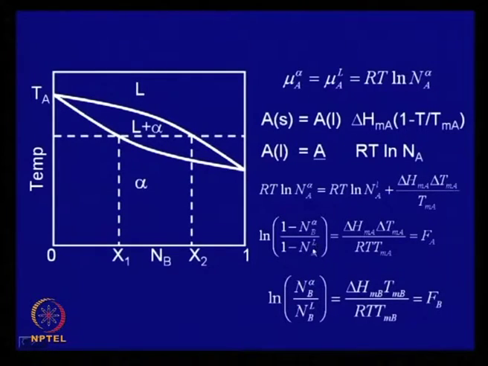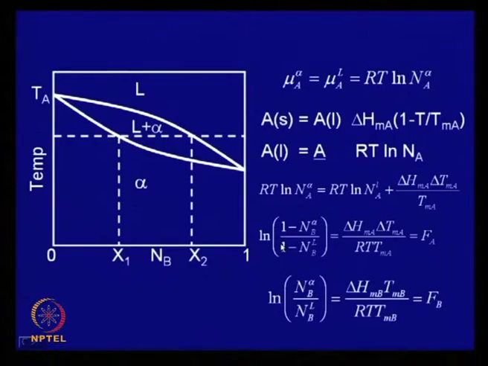You can equate the two. If you equate these two, you can eliminate one of the variables, you will get N B L. If you eliminate this, you just rewrite this expression and it is possible.